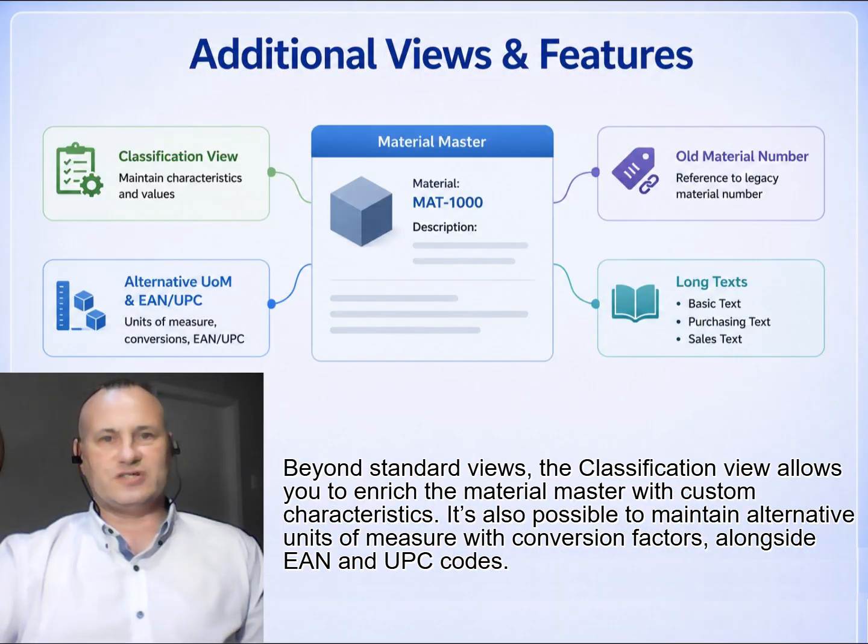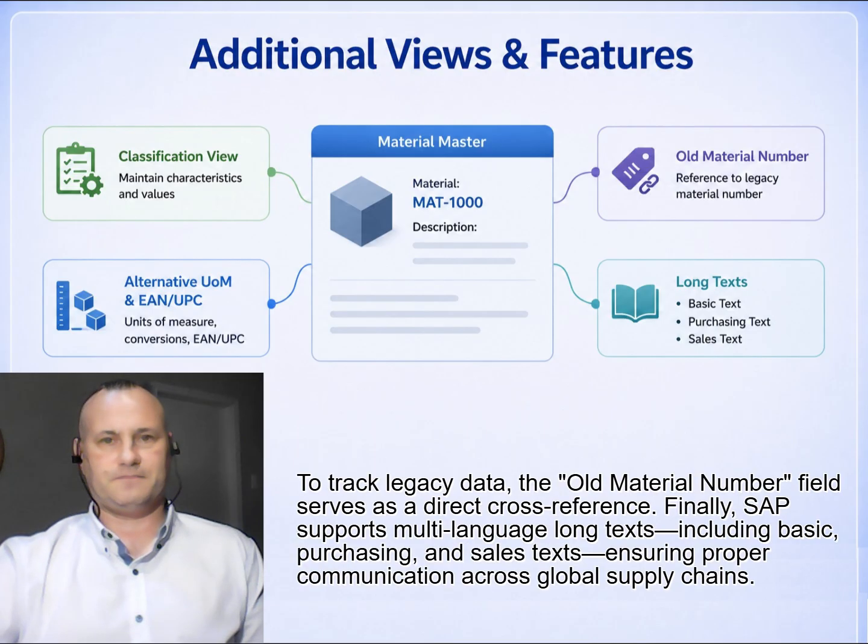Beyond standard views, the classification view allows you to enrich the material master with custom characteristics. It's also possible to maintain alternative units of measure with conversion factors alongside EAN and UPC codes.